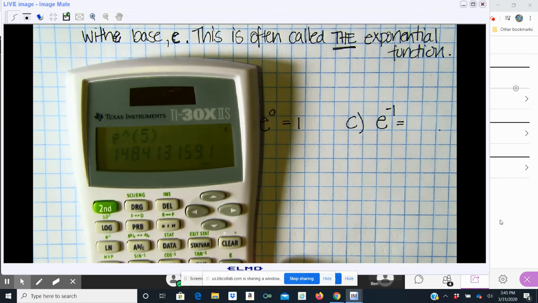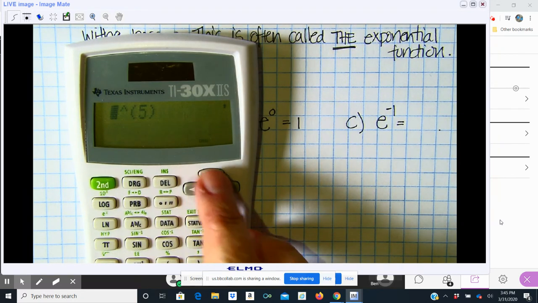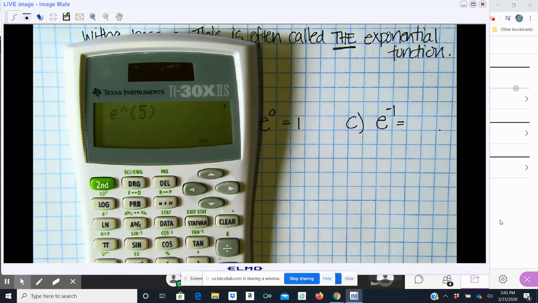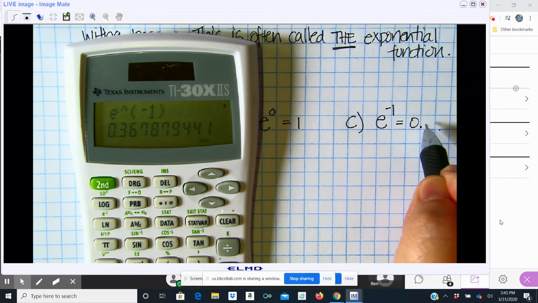e to the negative 1 can be done the same way, to get 0.368.